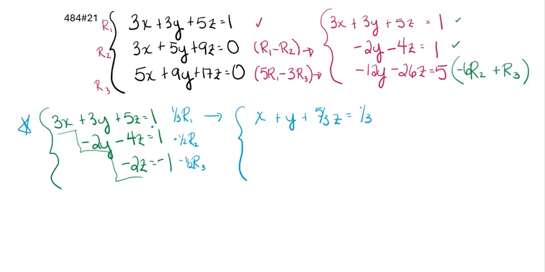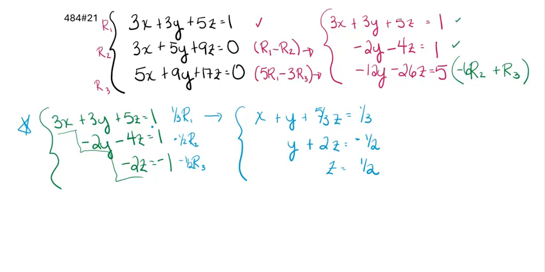And then when I multiply my second row by negative 1/2, I get y plus 2z equals negative 1/2. And then when I multiply my third row by negative 1/2, I'm going to get z equals positive 1/2. So now that I know what z is, I can do back substitution and figure out what y is and what x is.